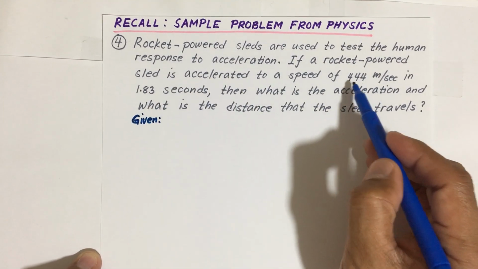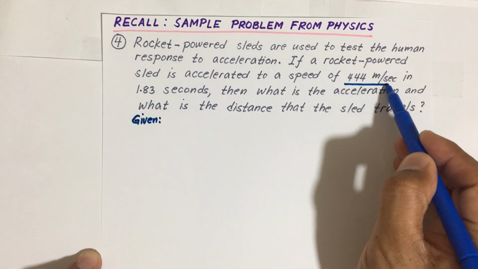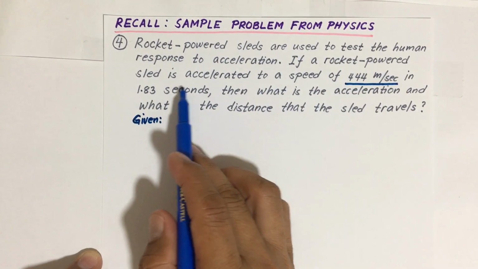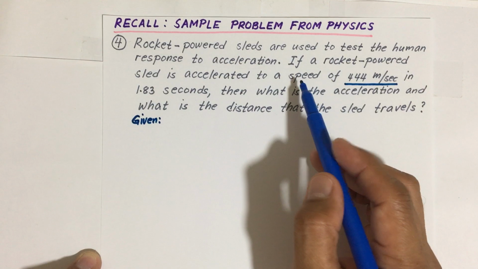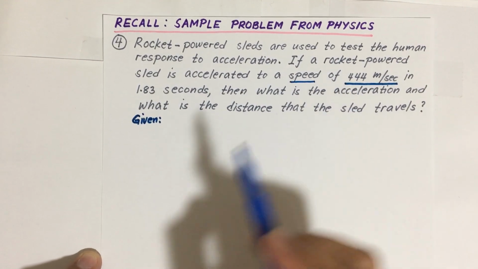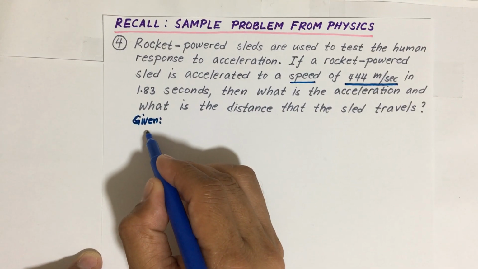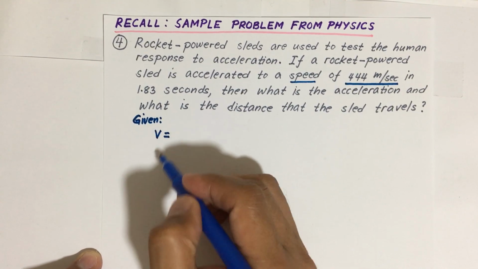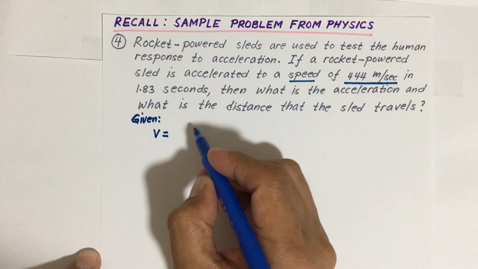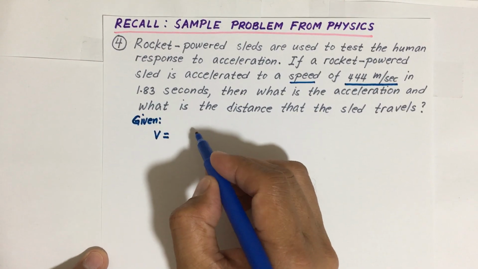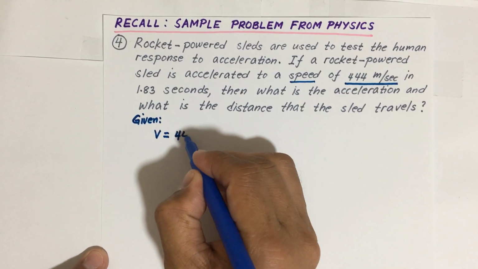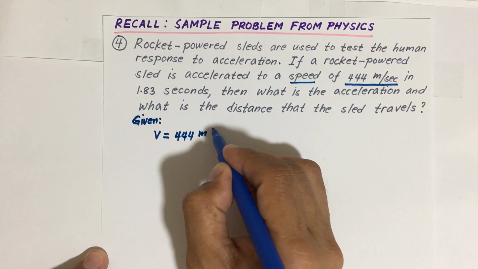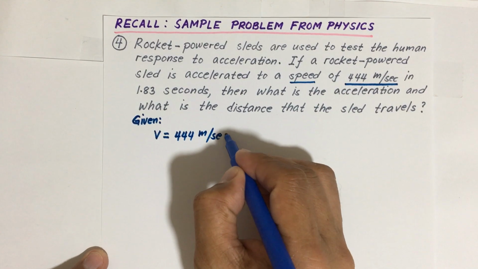Accelerated to a speed, so this is the speed or the velocity, v equal to 444 meters per second.